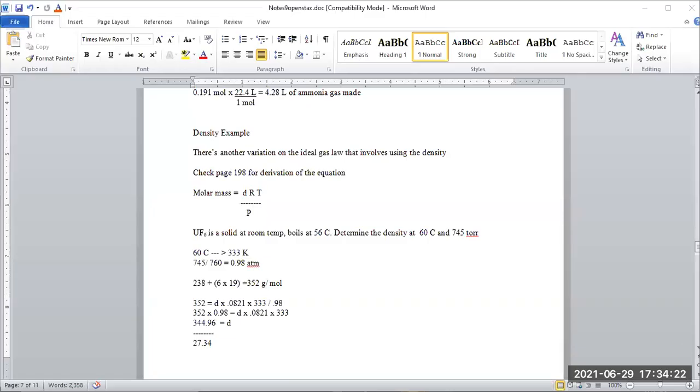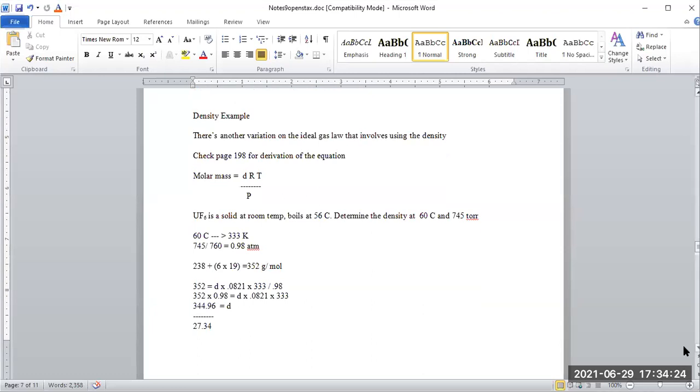So let me go back over here to my example. All right, uranium hexafluoride. Okay, it's actually a solid at room temperature.